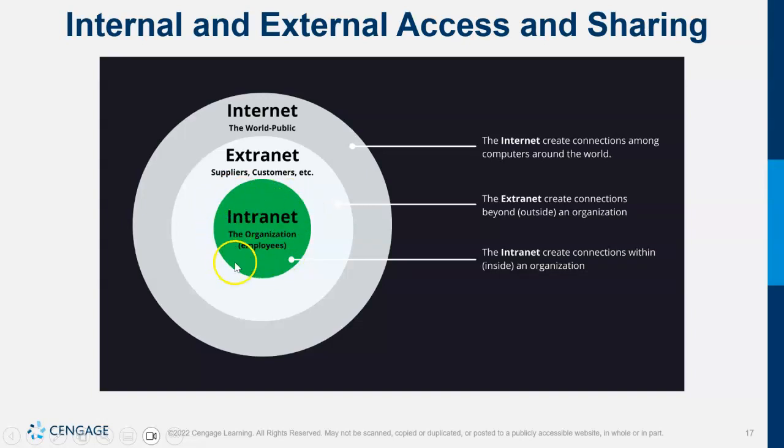I'm sure you see this in your workplaces where your computers can all talk to each other, but it's only within an organization. An extranet is when we connect with people outside our organization, but only people that we choose. So maybe our suppliers or our customers, all right? And then, of course, the internet is everybody.